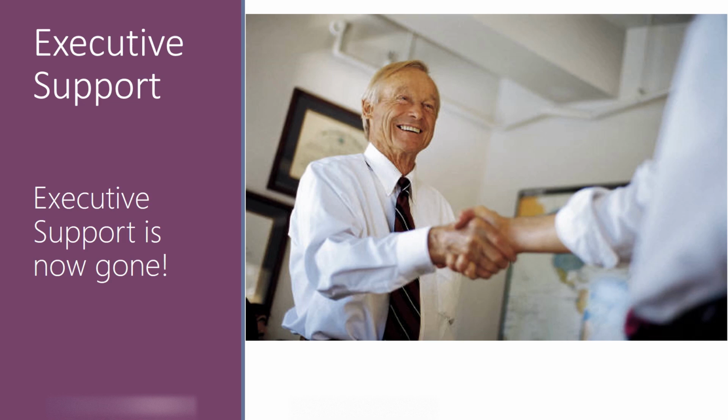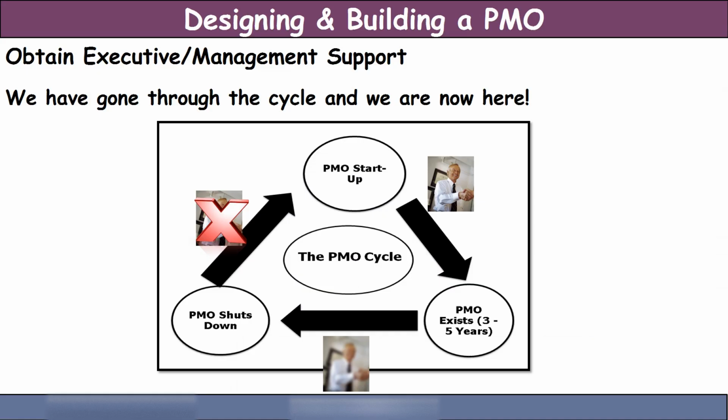And we talked in video 1 about that PMO cycle. Well, you're in the middle of that cycle right now, and you've got that big X. That X basically states, hey, we're shutting this thing down. The programs and projects will probably not go away, but that structure and that organization is going to go away. And so this is exactly where you're at now.